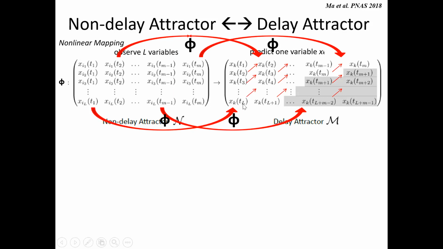But here I also want to stress, 24 time points are available for us. We already know this data. But you can see that here we have M plus 1 is 25, M plus 2 is 26.